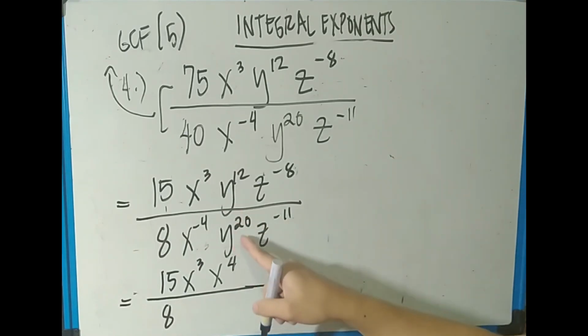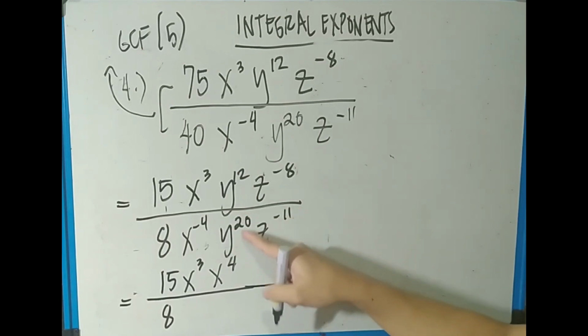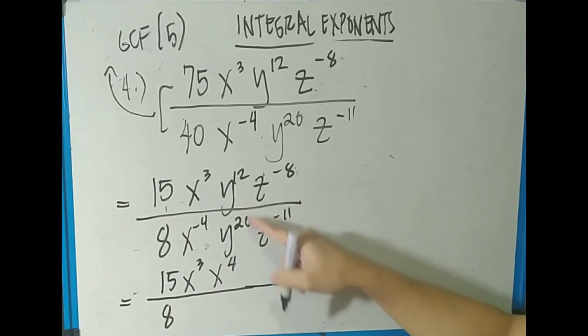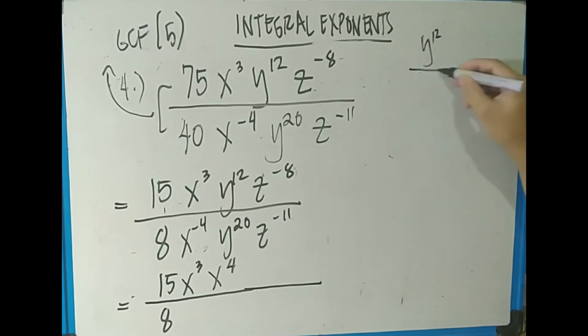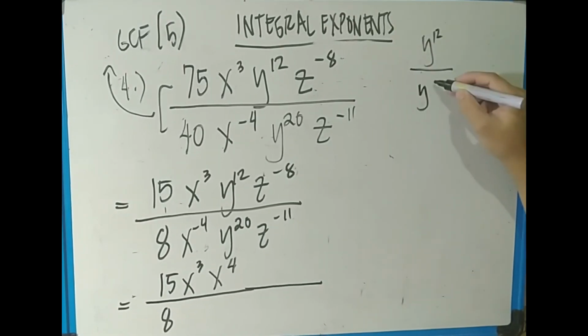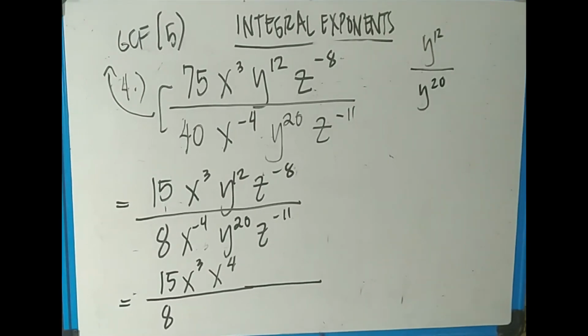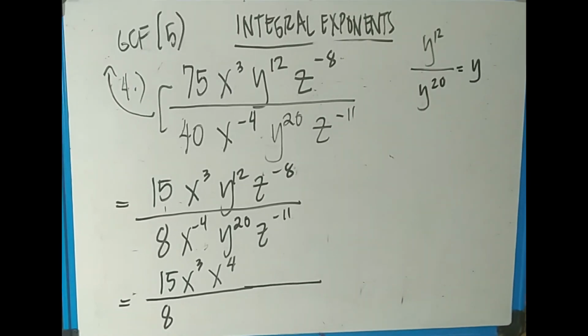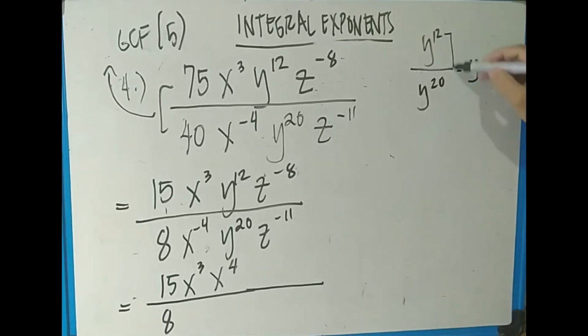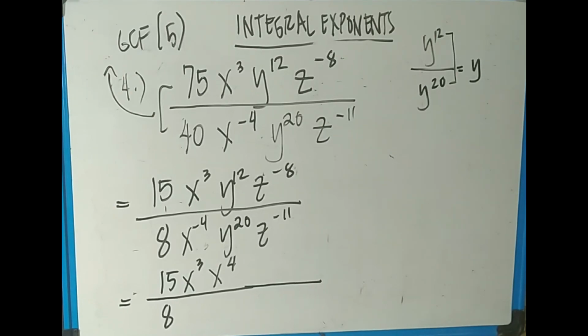For y naman, since they have both positive, ang gagawin natin, kapag nag-divide tayo guys ng rational expression na parehong may positive exponent, same base, copy the base and subtract the exponent. That is according to the law of exponent also. When division, ang gagawin natin sa exponent ay subtract lang natin.